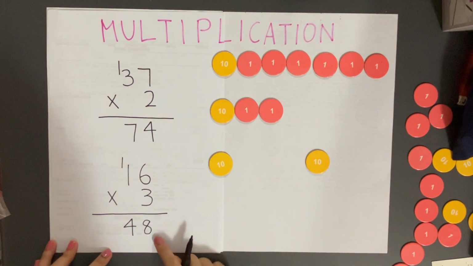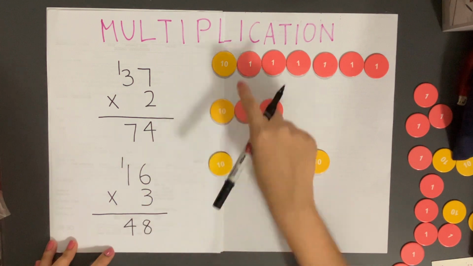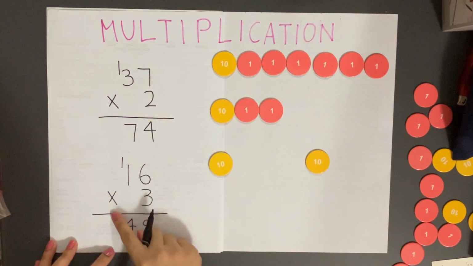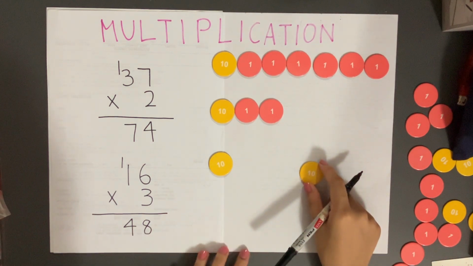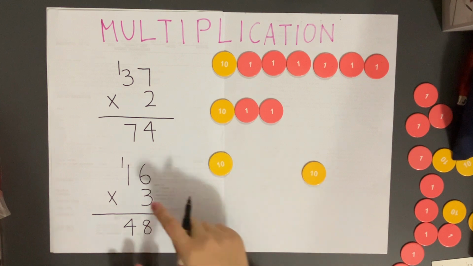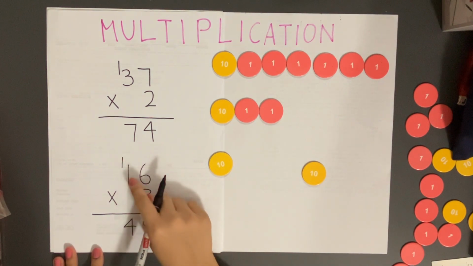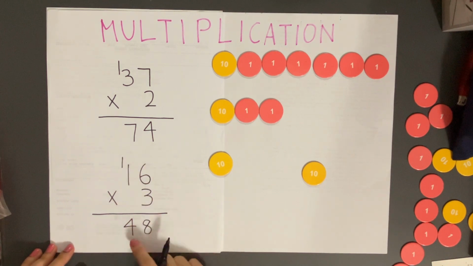Okay, so if I'm doing the working, it will be 1 times 3, so 1 ten for each group times 3, and then I add my extra 10 that I got from my renaming. So I have 1 ten times 3, which is 3 tens, plus one more 10 to give me 4 tens.